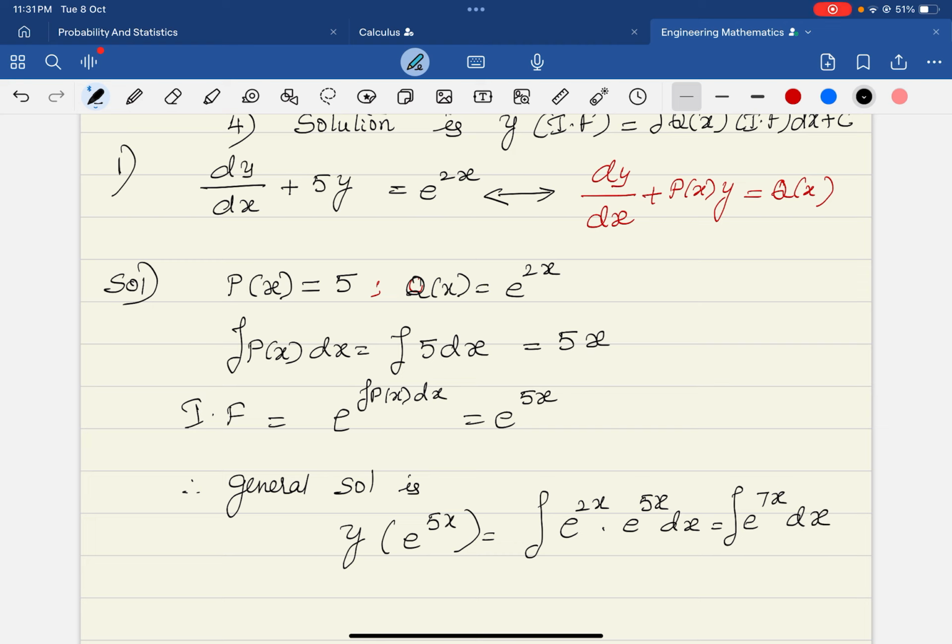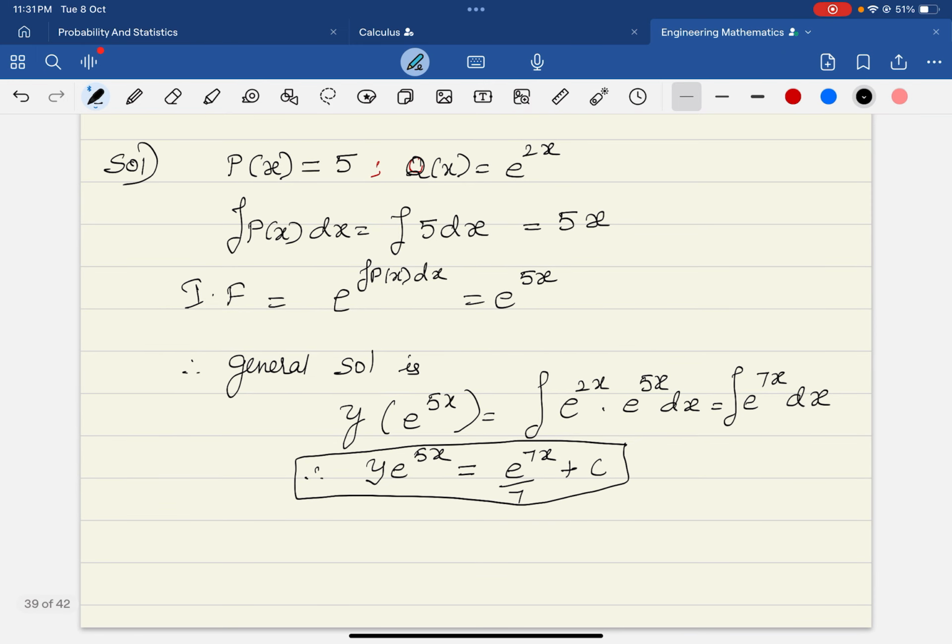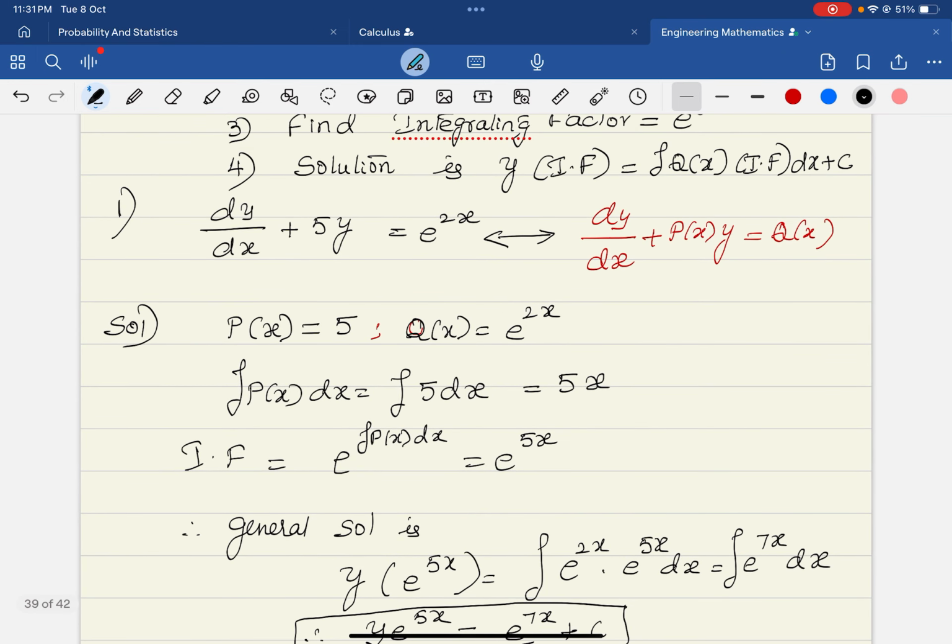E raised to 7x dx. Therefore, the solution is y into e raised to 5x is equal to e raised to 7x over 7 plus the constant. So this is the solution. I hope you are able to understand. This is the way to solve a linear differential equation.